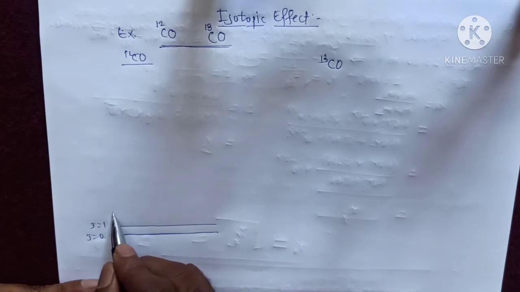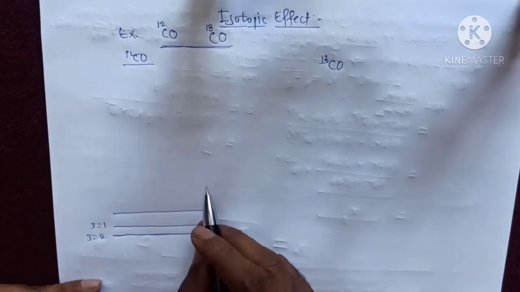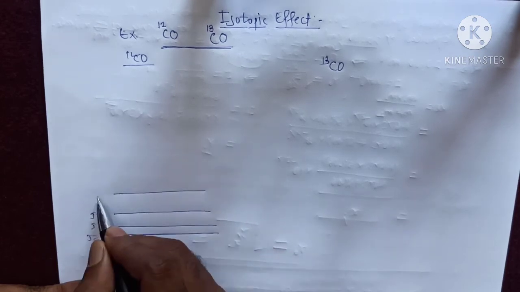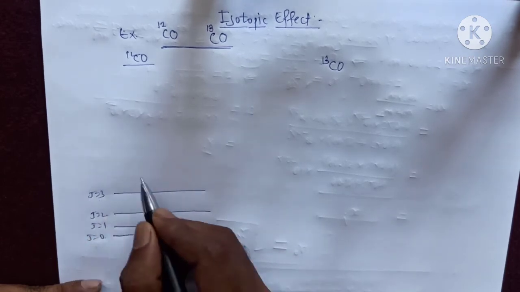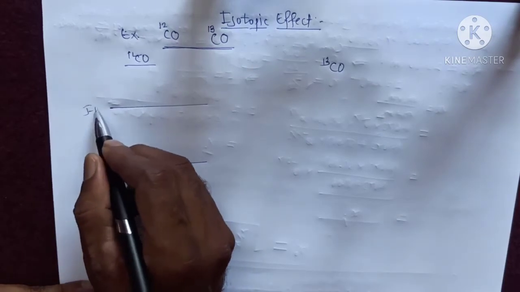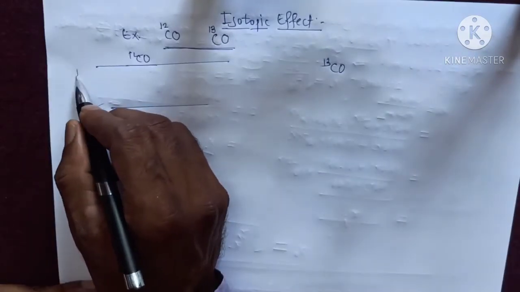For J equal to 2, the lines are separated more than the earlier one. For J equal to 3, again there is more separation. For J equal to 4, lines are separated much more, then J equal to 5, J equal to 6, like this.